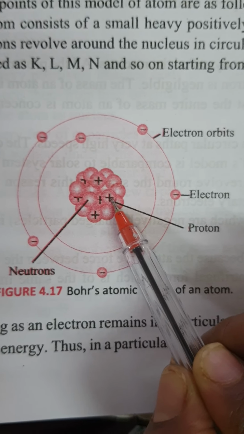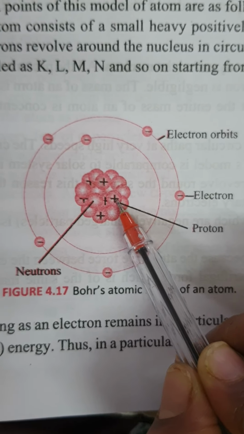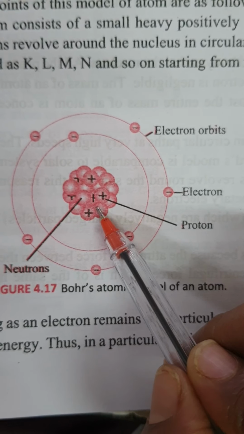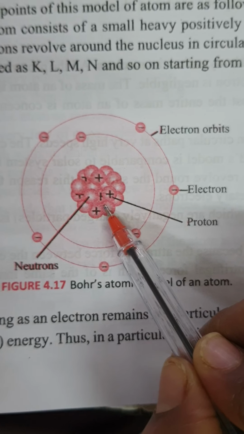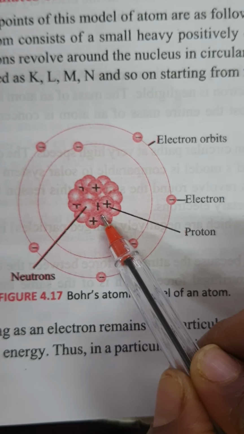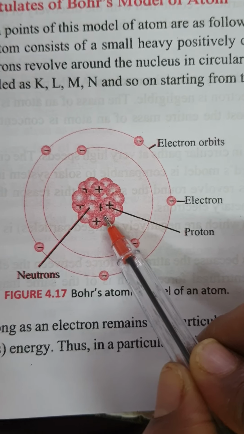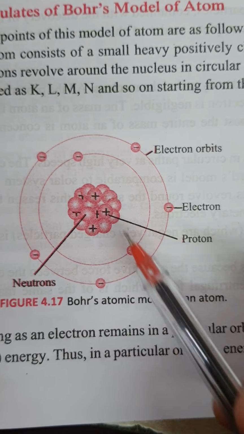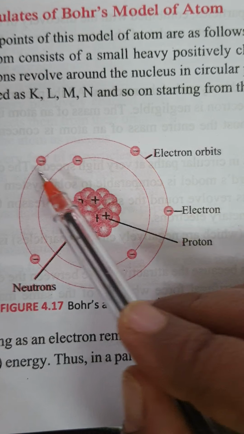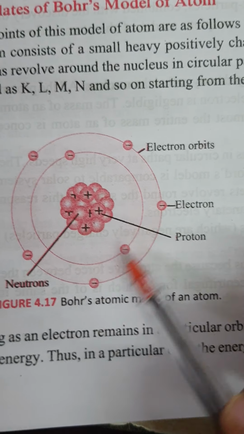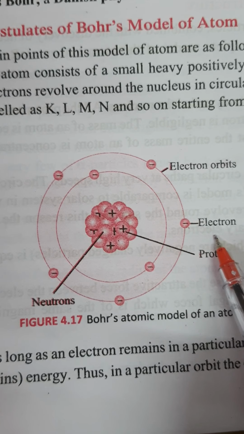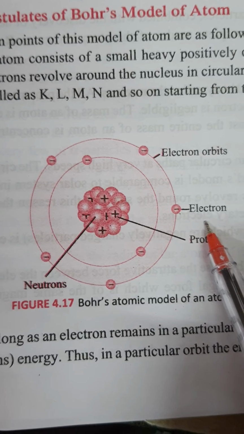The nucleus is a dense center of an atom where the protons and neutrons are located, and negatively charged electrons are revolving around the nucleus.